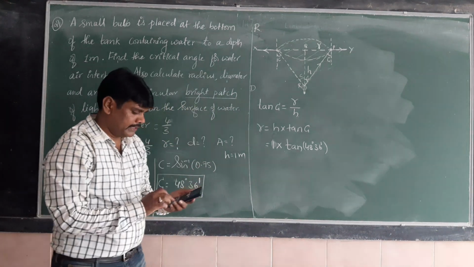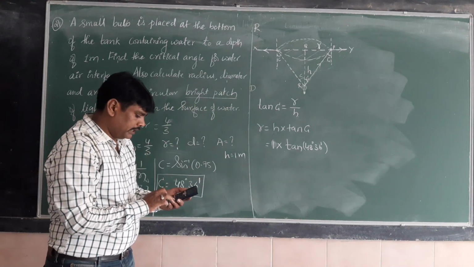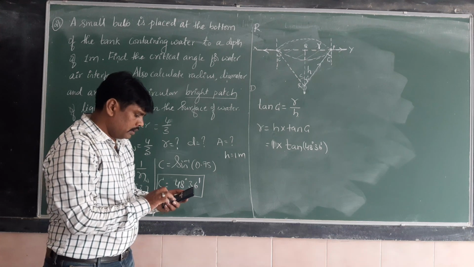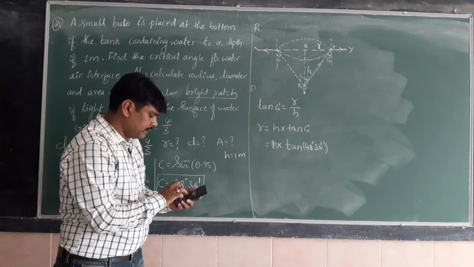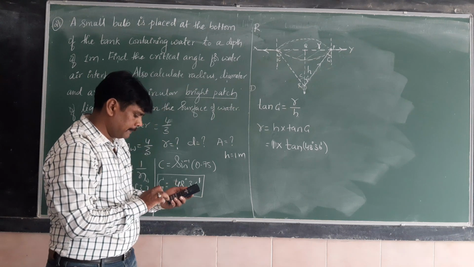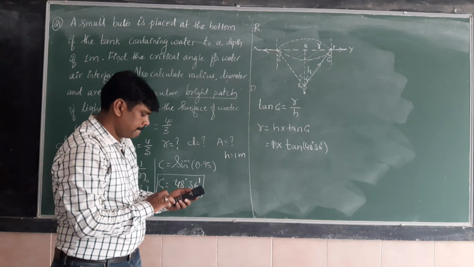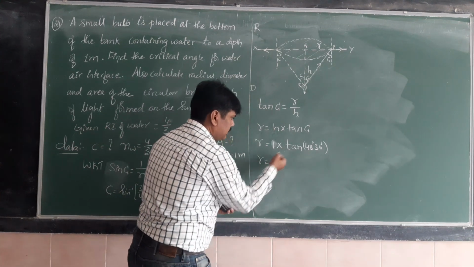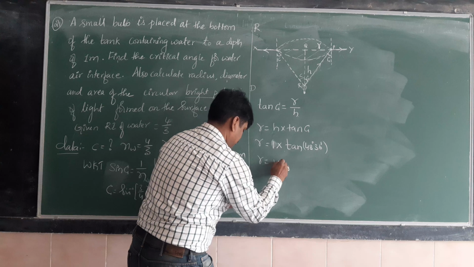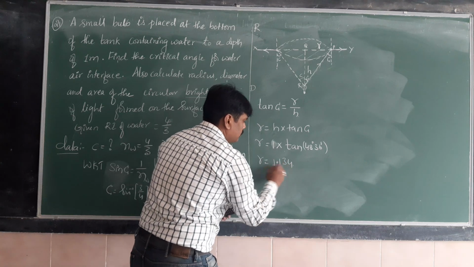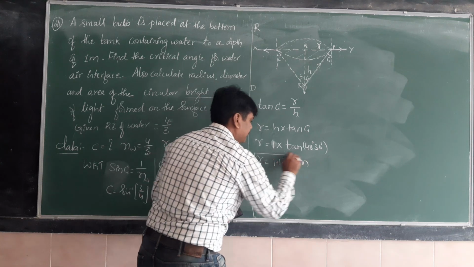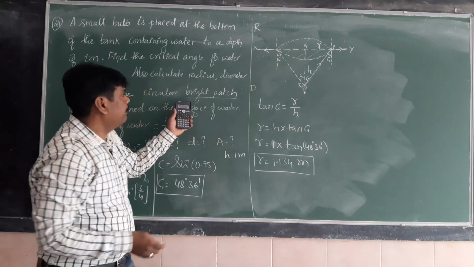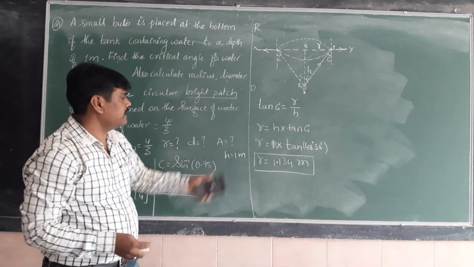Then the value of tan 48 degree 36 minutes is, R is equal to 1 into the same value you get, that is 1.134. So this is in meters. This is the radius of the circular bright patch or circular horizon.